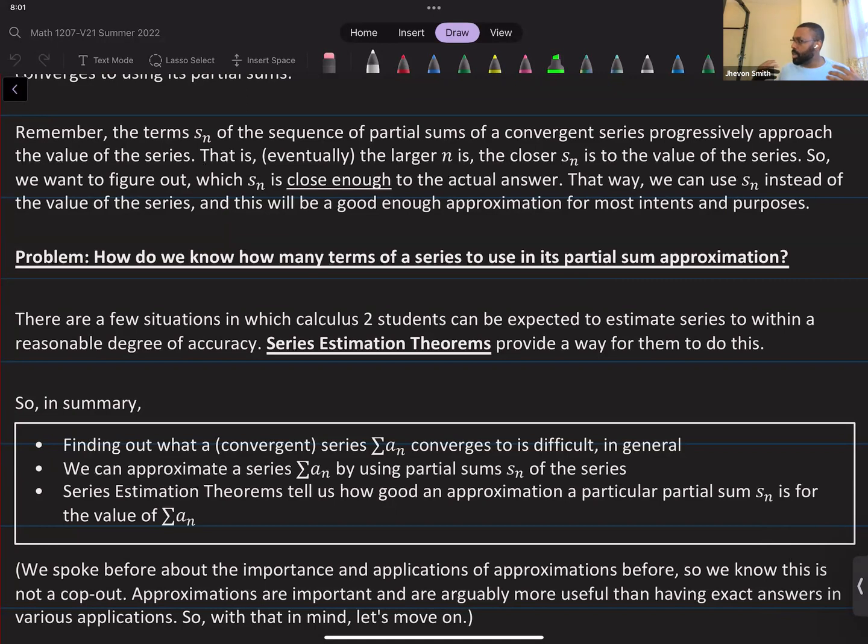If you can't get the exact answer, you can get an approximation. A very important question to be able to answer is, how good is this approximation? What is the error that I'm working with? Because if the error is less than something that would be practical, then I don't really care.